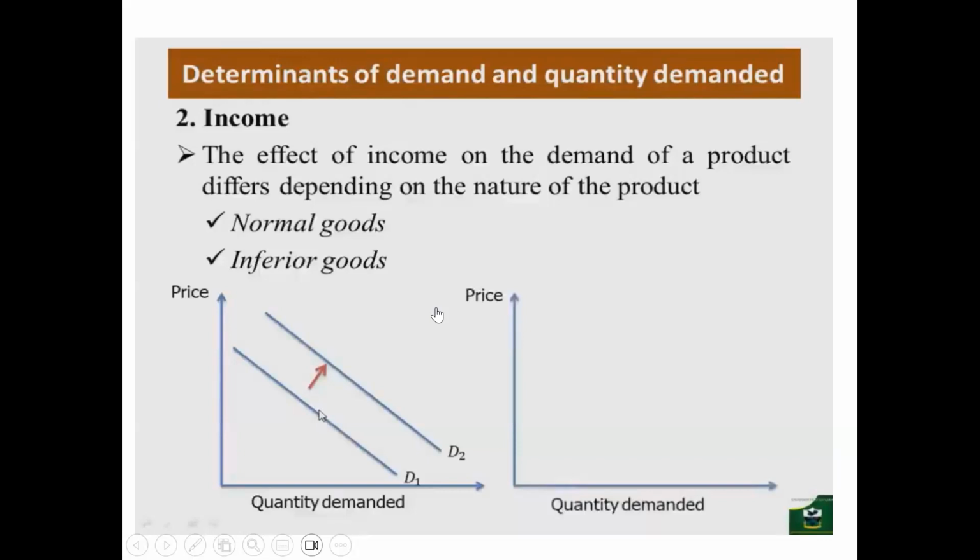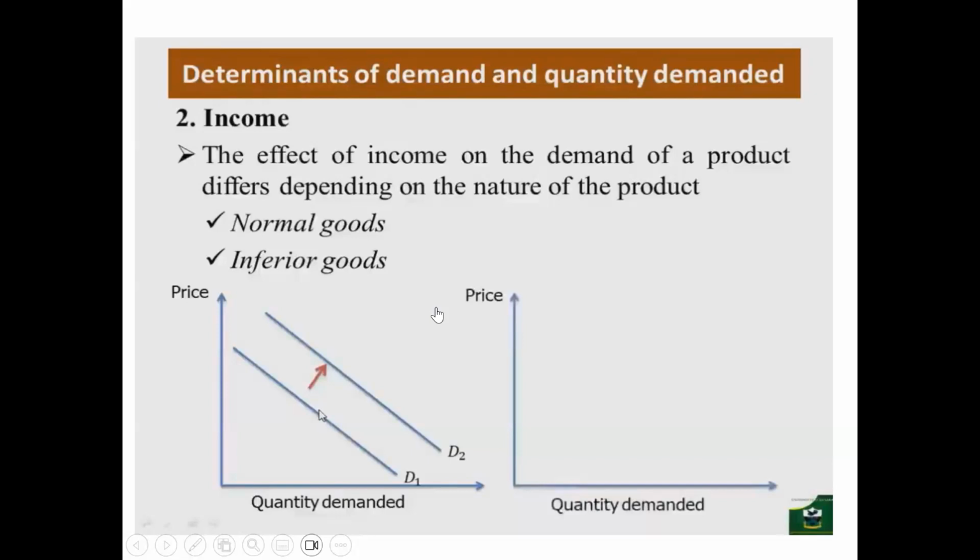Inferior goods depend on the income, right? Some people consider one commodity as inferior as per their income.